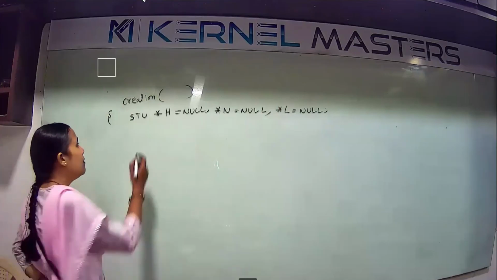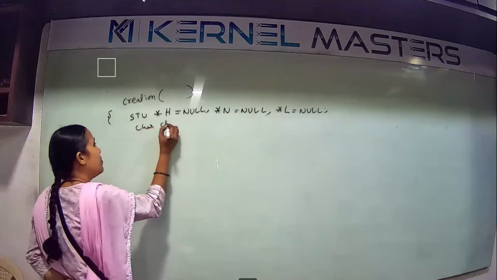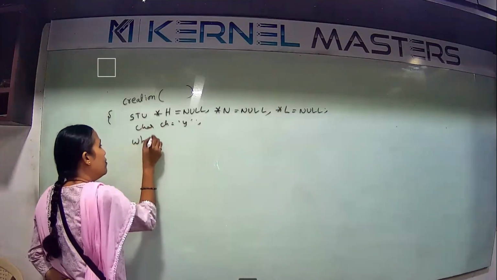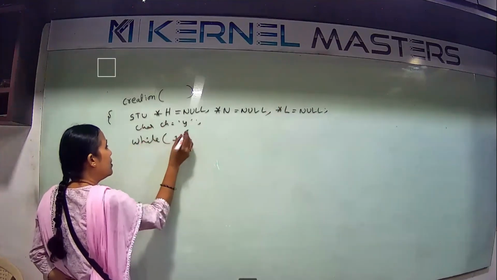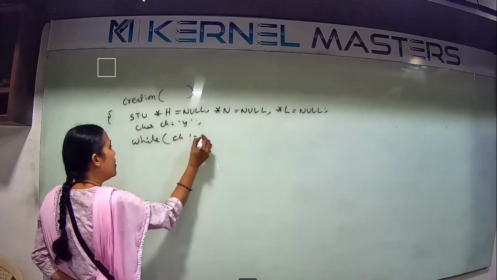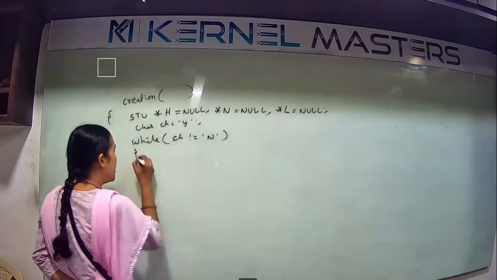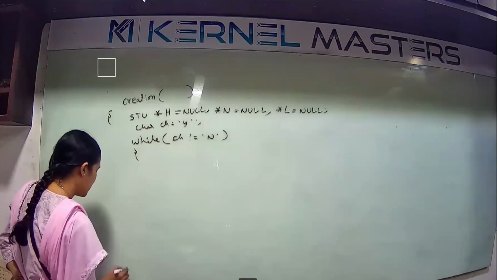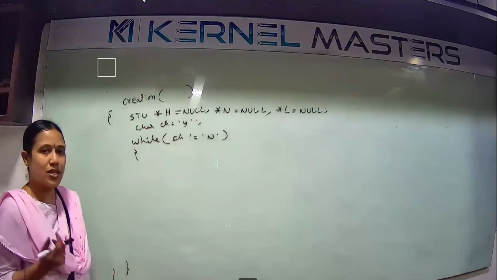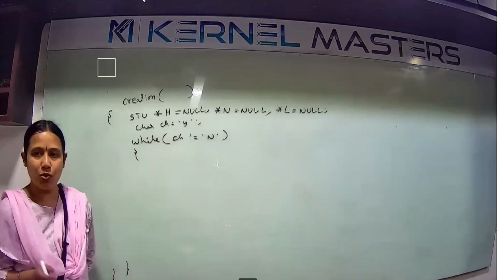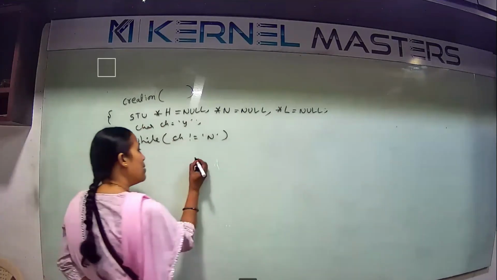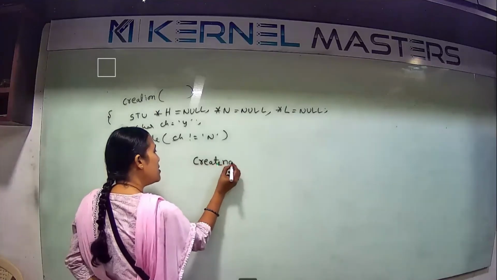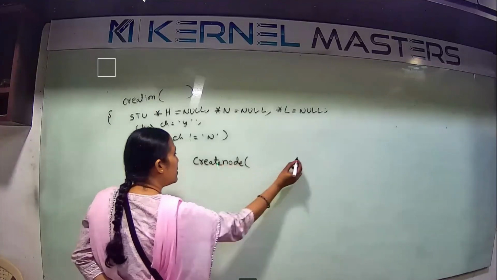Right? Now we are going to take a choice from the user. While ch is not equal to n, keep on doing it. As long as the user says yes, keep on creating a new node. For creating a new node, I am going to write a function, because we are going to use it in other operations also.